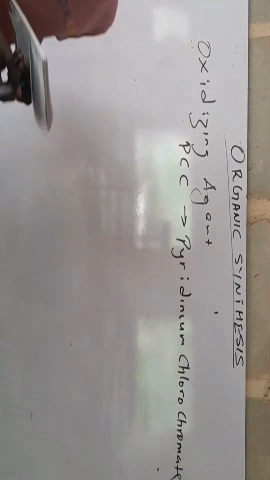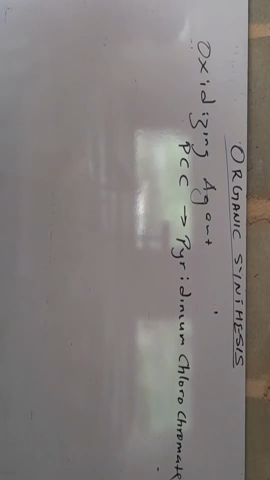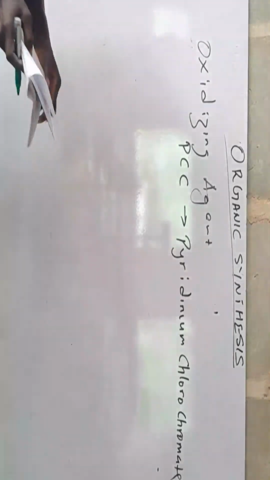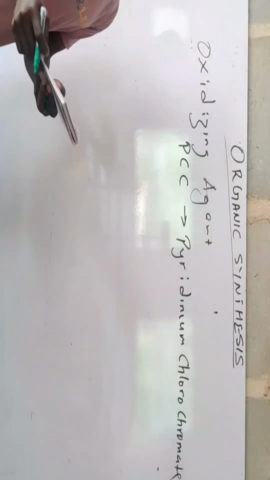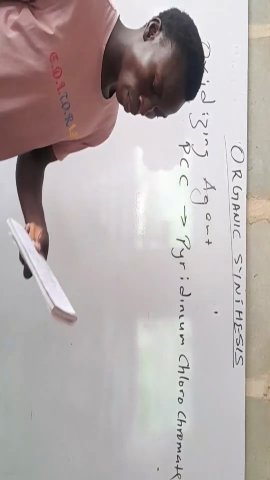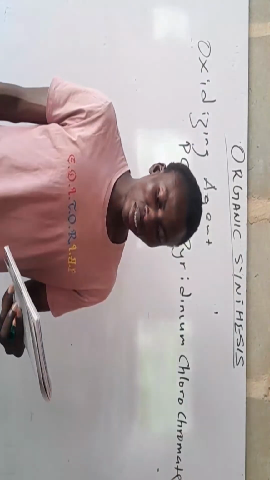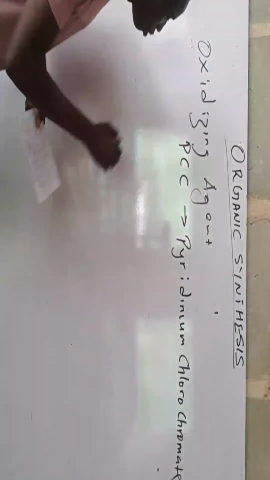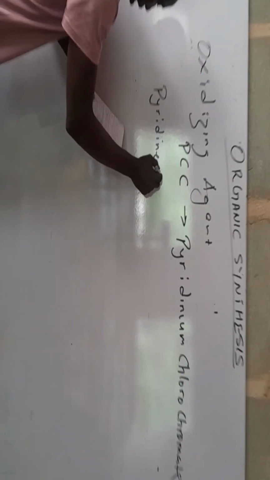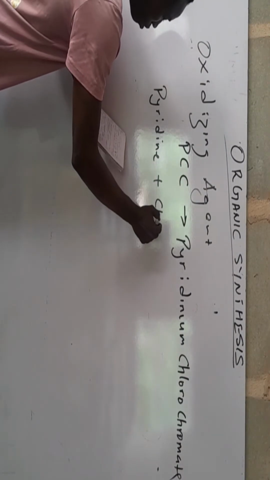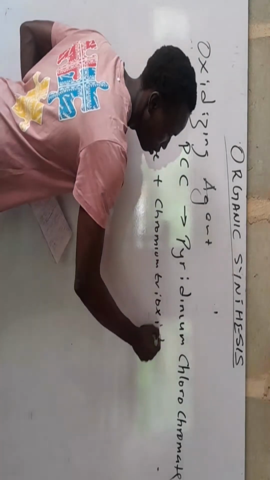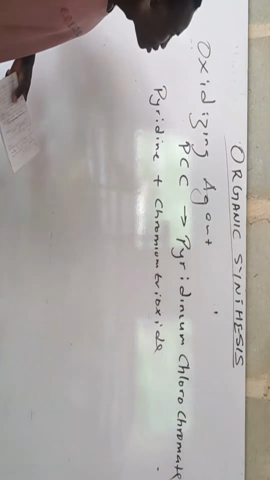Yes, that is the compound, as you can see on the board. So that's number 2, just like saying from the number 1 then to the number 2. So pyridinium chlorochromate preparation. It is the reaction between pyridine and chromium trioxide.